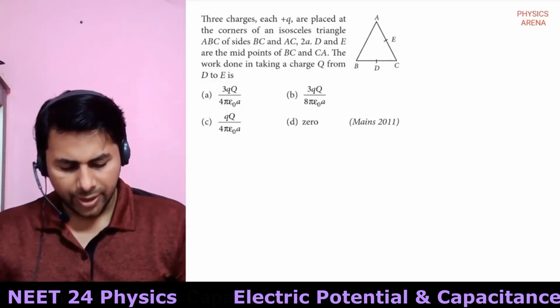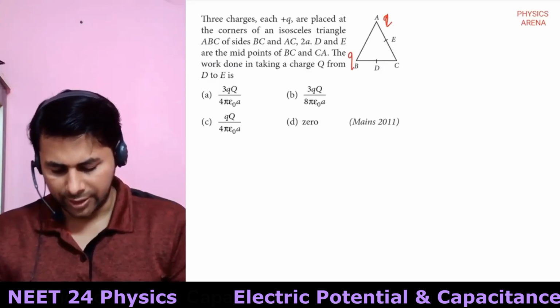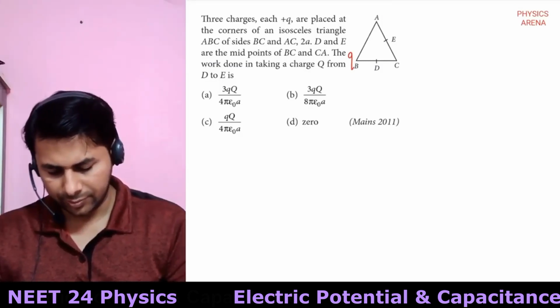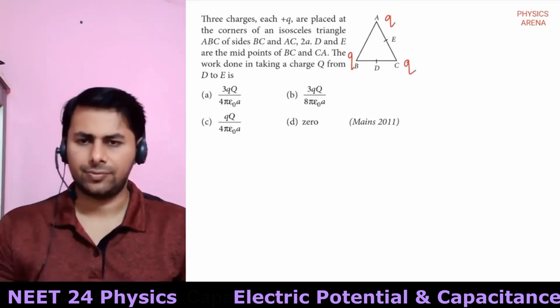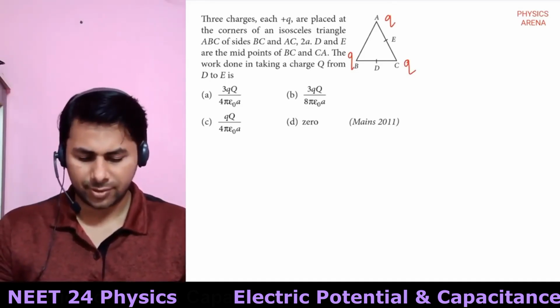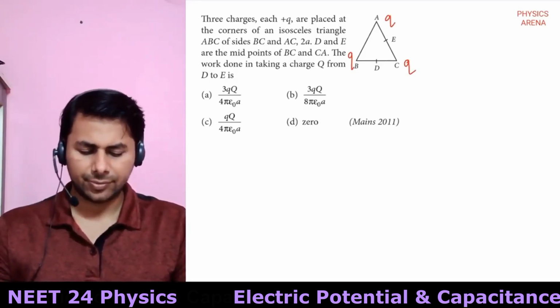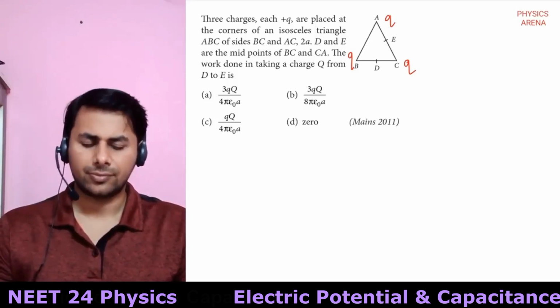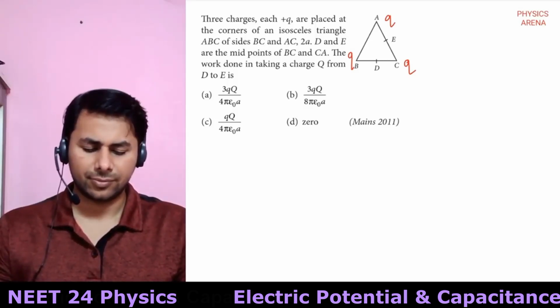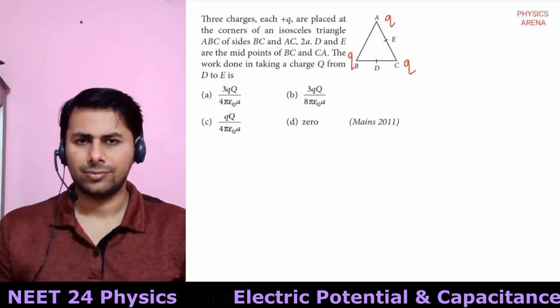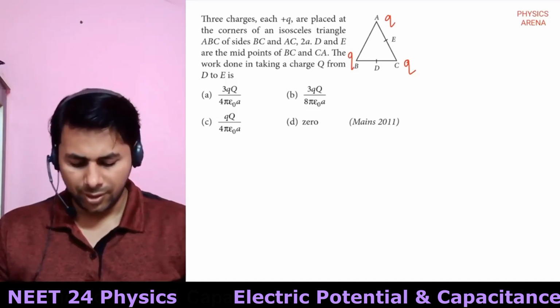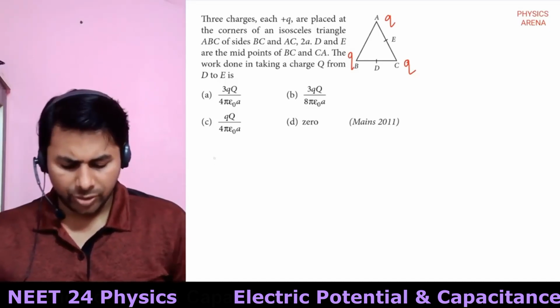Tell me. So here you have 3 charges. Here you have 1 charge, here you have the second charge, and the third charge here. So tell me, how much would be the work done?